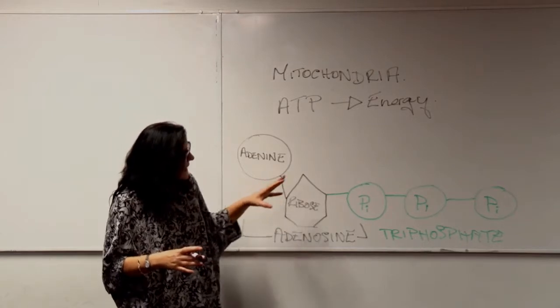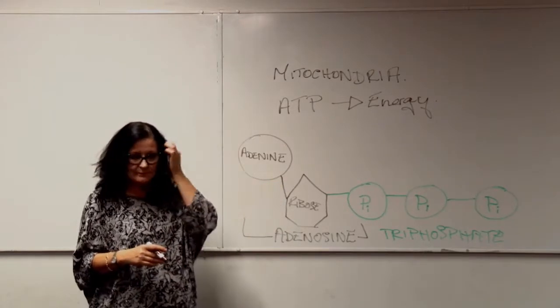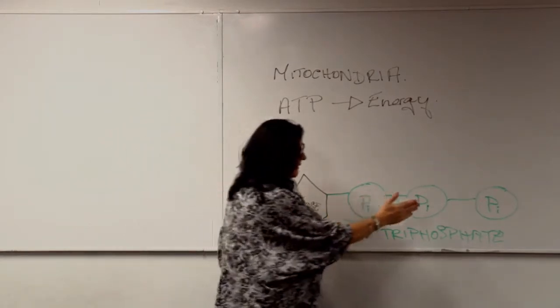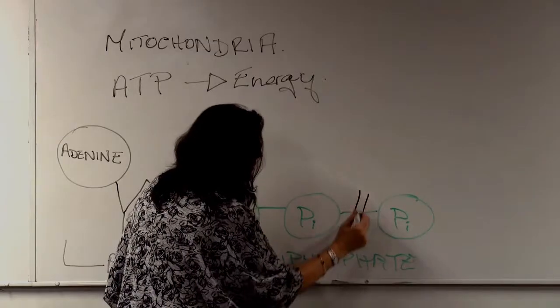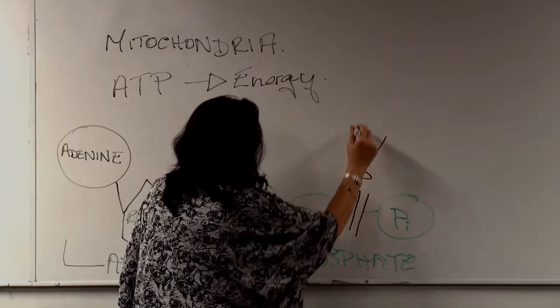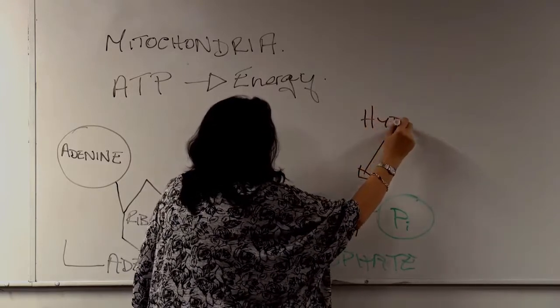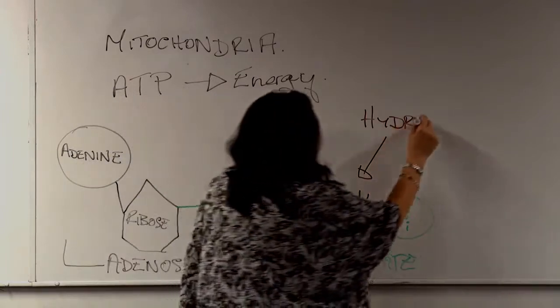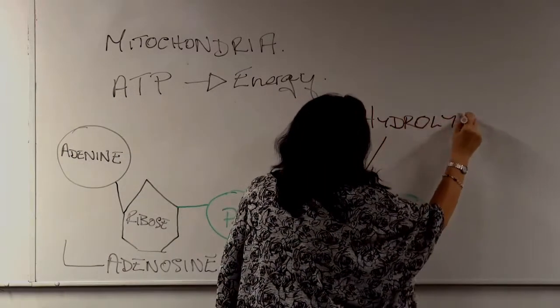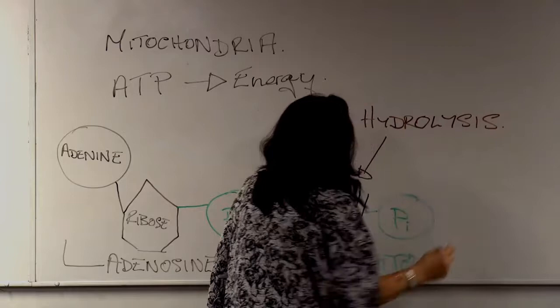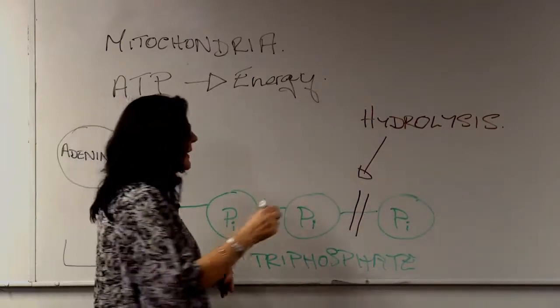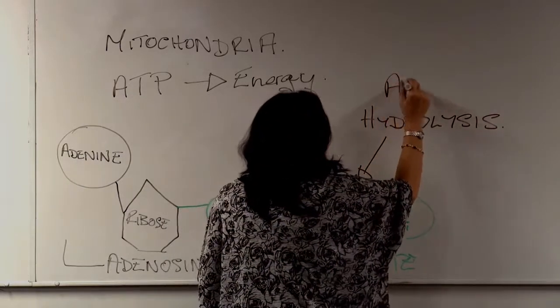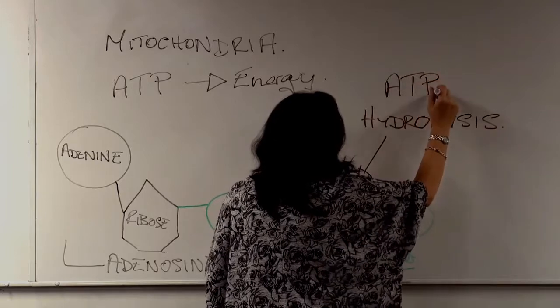So if this is ATP, if we take a phosphate off, and the process that does this is hydrolysis. Basically, you add water. Hydrolysis. And that's done usually by an enzyme called ATPase.